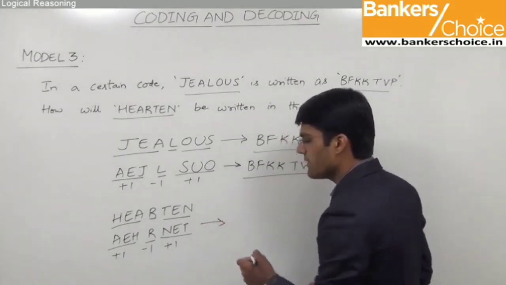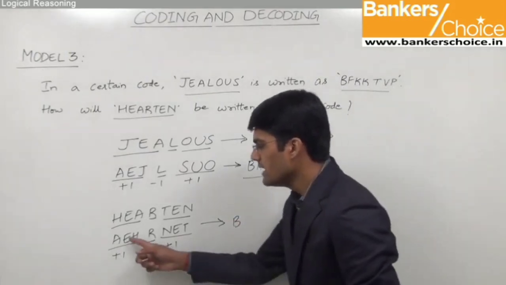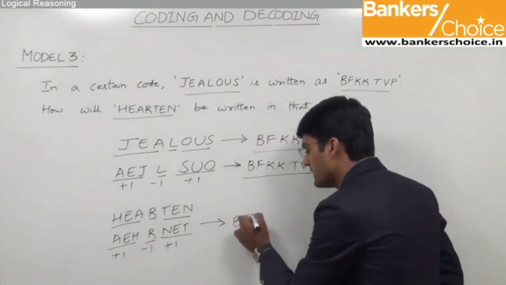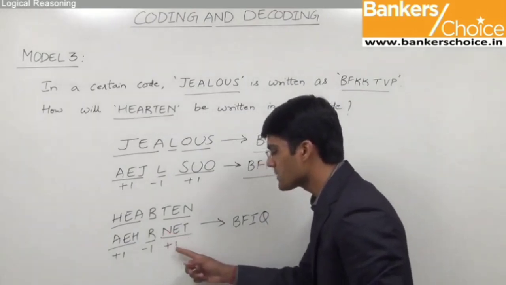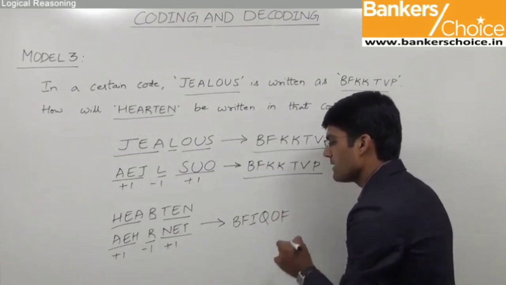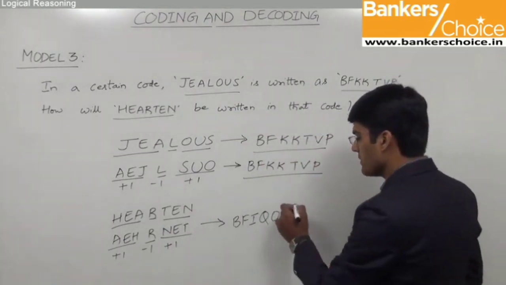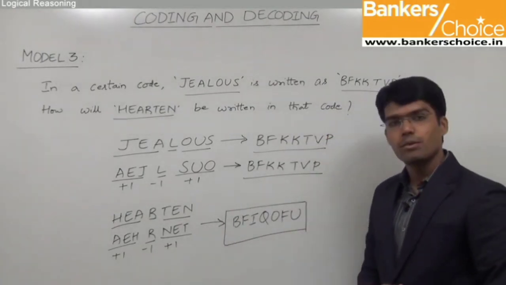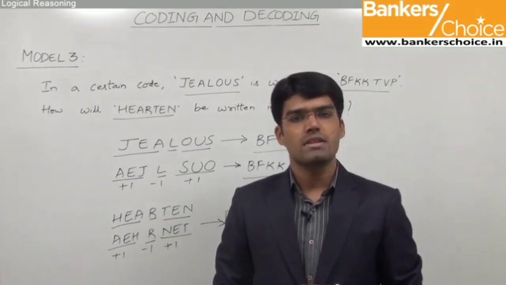So here the coded form for the word HEARTEN would be A plus 1, that is B, E plus 1 F, H plus 1 will give I, R minus 1 would be Q, N plus 1 is O, E plus 1 F, and T plus 1 will be U. Therefore, the coded form for the word HEARTEN as per the given code would be BFIQOFU.